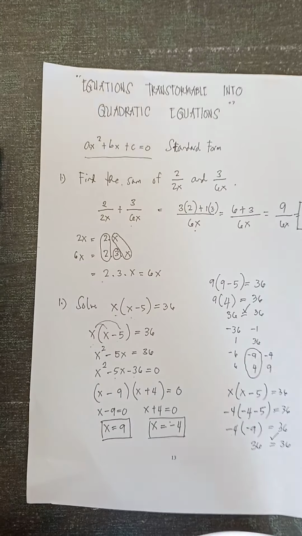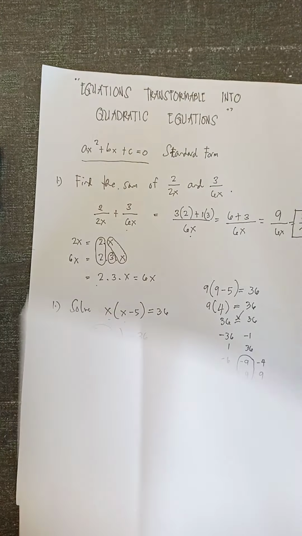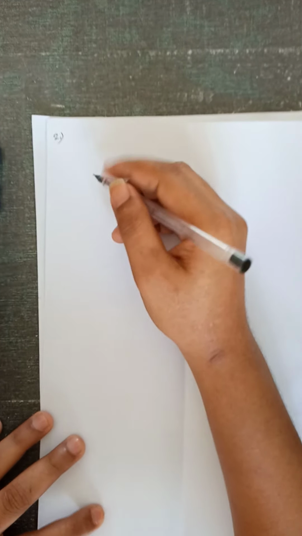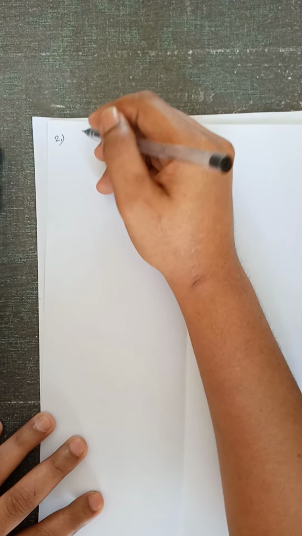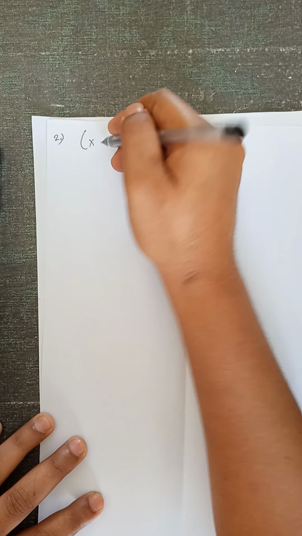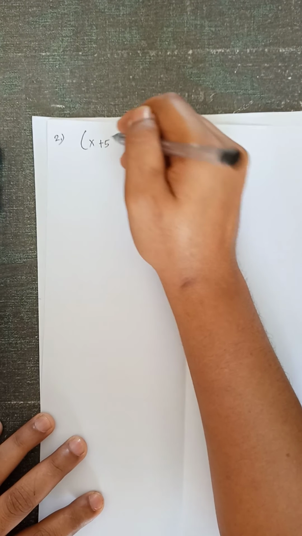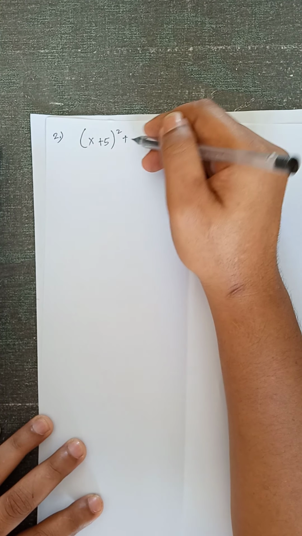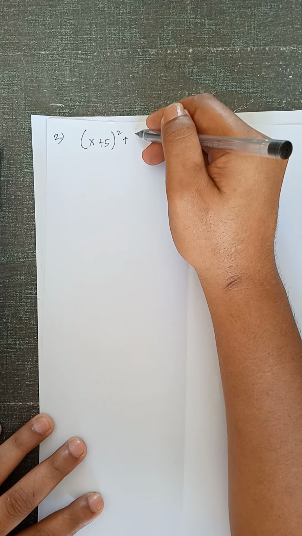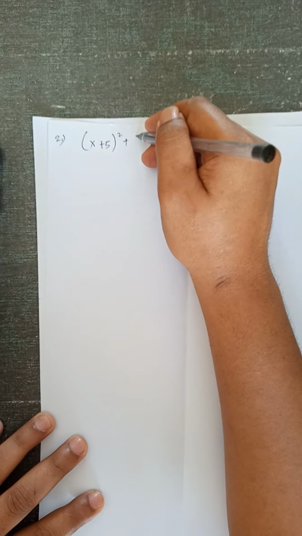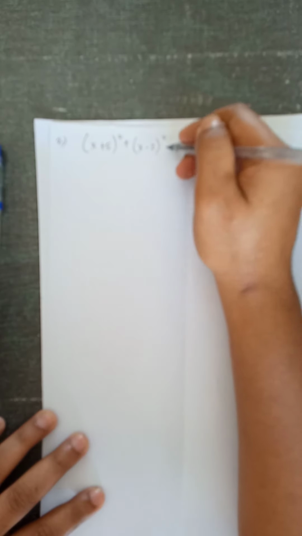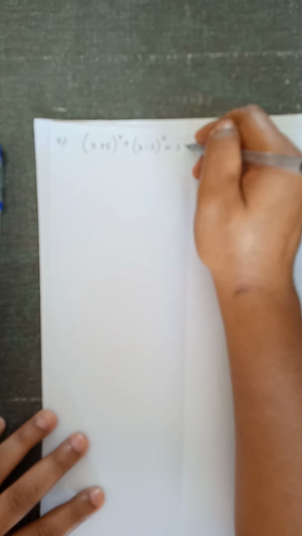So let us try another example, example number 2. Number 2, we have: find the roots of x plus 5 squared plus x minus 2 squared equals 37.